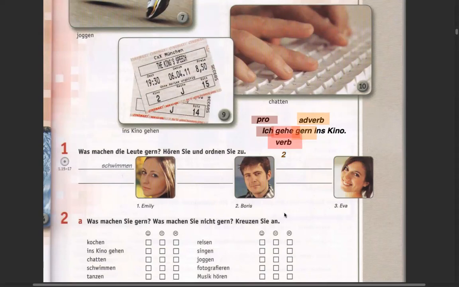But what will happen? The problem is once you start saying, I like to go to the cinema, right? If you translate the sentence, you will keep on repeating this sentence. It's good to have this part in the back of your head, but you shouldn't emphasize this part.